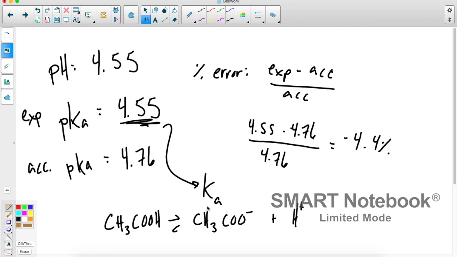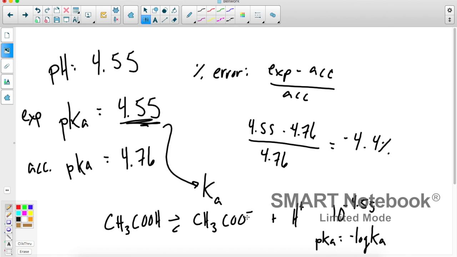We could calculate the Ka value for this. It's just going to be 10 to the negative 4.55, because once again the pKa is the negative log of the Ka. So if I have the pKa, I'm trying to go backwards, bring the negative sign over, raise 10 to the power of both sides, 10 to the negative 4.55, you guys can calculate that. That's going to be my experimental Ka value for this process.